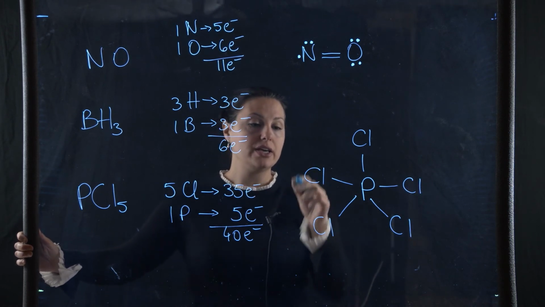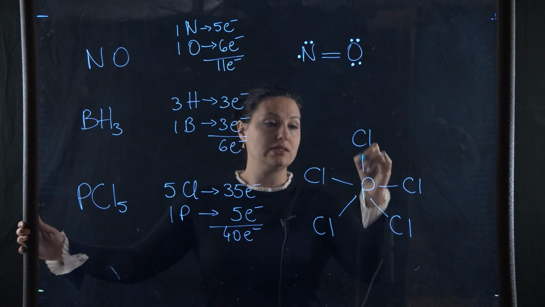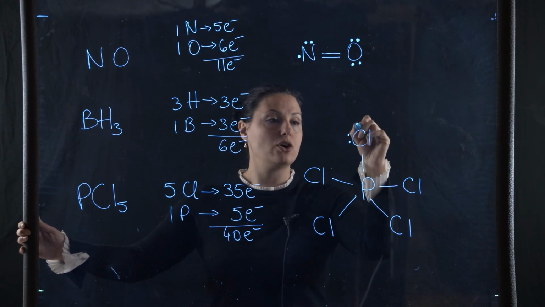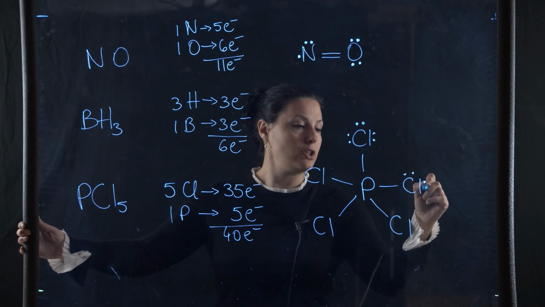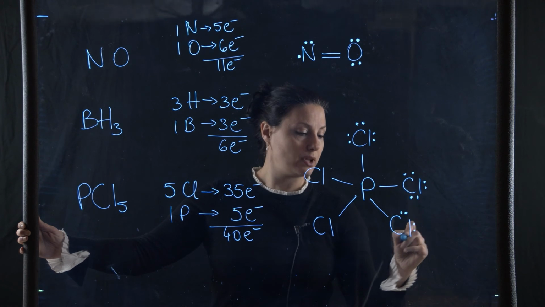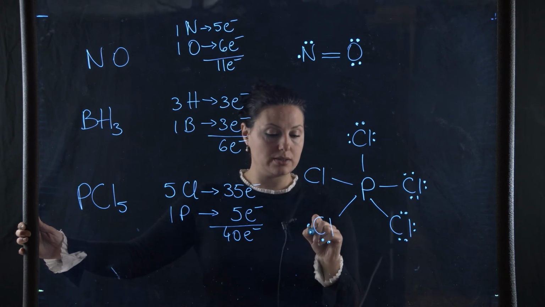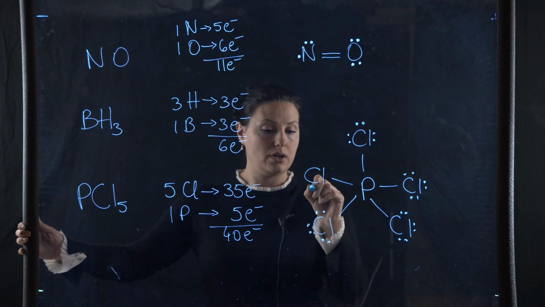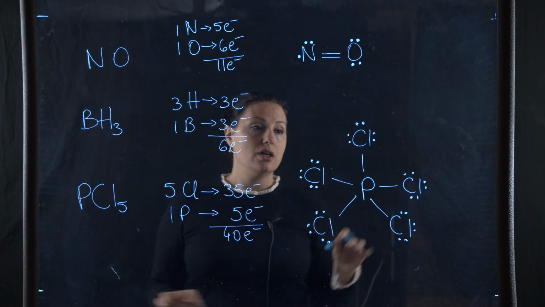Okay, now each chlorine, remember from the halogens, they all have 1 single bond and then 3 lone pairs. So I have to go in here and put 3 lone pairs on each of my chlorines. And that gives them a full octet, which is what they want.